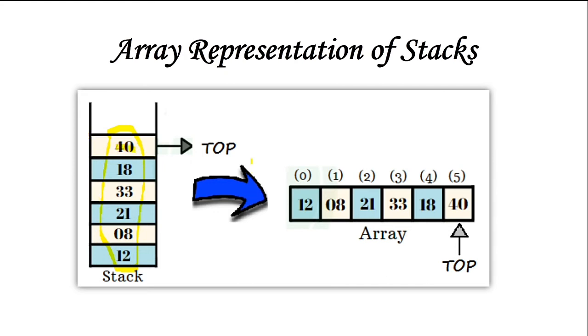So how can I represent it as an array? You can directly make it as a horizontal array like this, and you represent the indices 0 to 5, and you can directly copy the 0th element in the 0th position, first element in the first position, second element in the second, and so on. And the last element is 40, top is pointing to 40. This is how you can represent the stacks using an array.